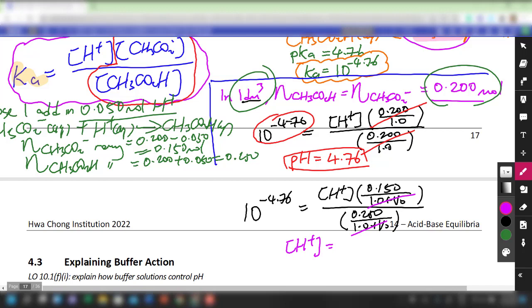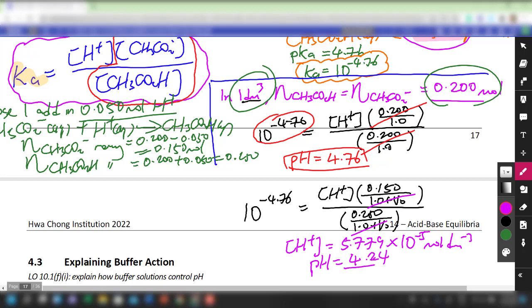So 10 to the power of minus 4.76 divided by 0.6, the concentration of H+ will now be 5.779 times 10 to the power of minus 5 moles per dm cube. From here, I can determine the pH simply by taking the negative log of the concentration of H+, and I will get 4.24.